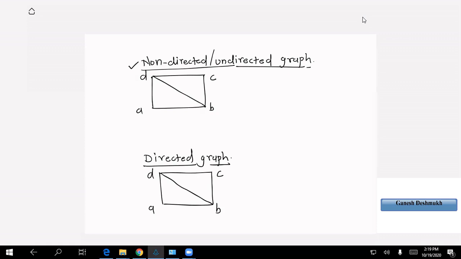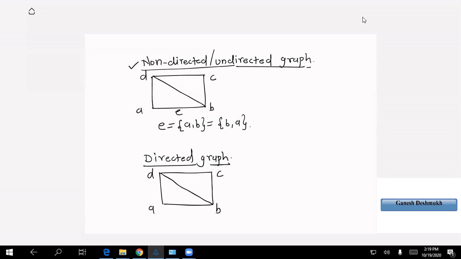In the case of a non-directed or undirected graph, suppose the edge between vertices A and B is E. This edge between the two vertices is represented by a set of two vertices. So A comma B, or I can also represent this edge E as B comma A. Now, how is an edge represented in a directed graph?